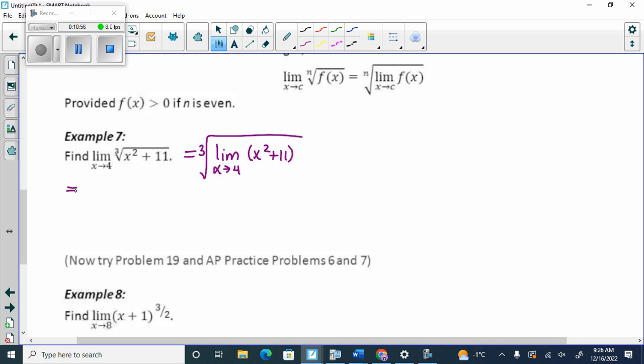So I can plug the 4 in and get the cube root of 4 squared plus 11, which is the cube root of 27, which equals 3.